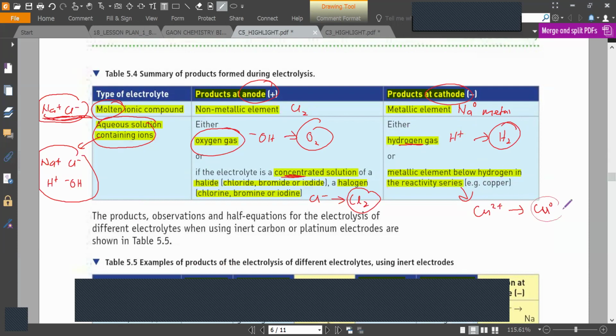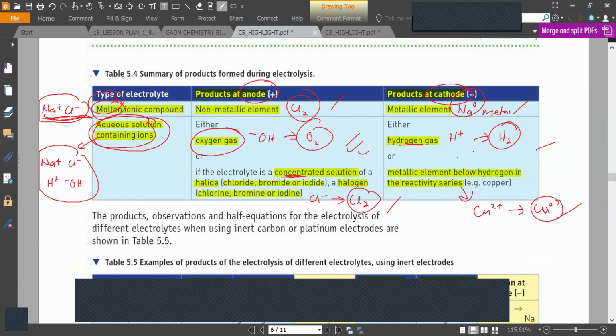So it is more complicated. The molten situation is simple, only one product. The solution situation has two possible products, but only one of them will happen.